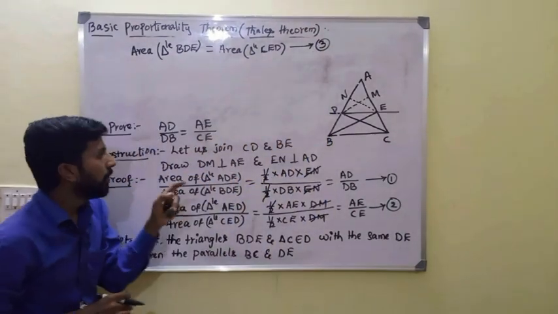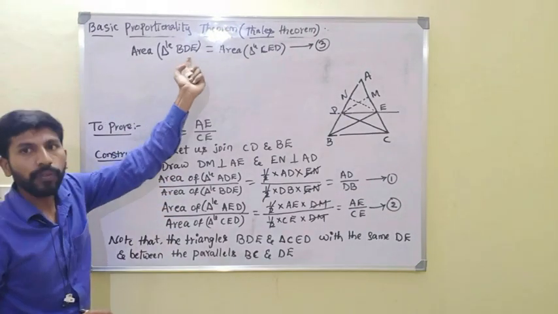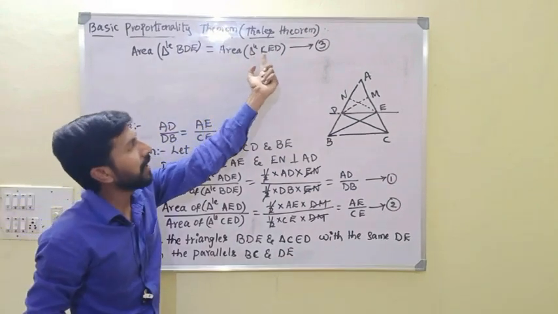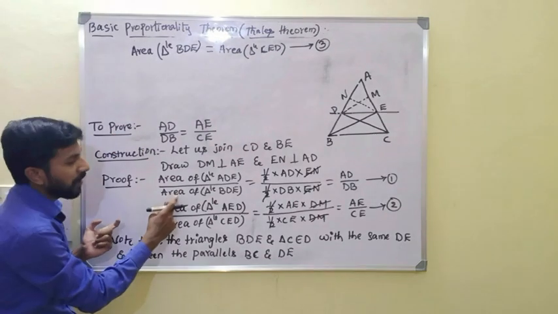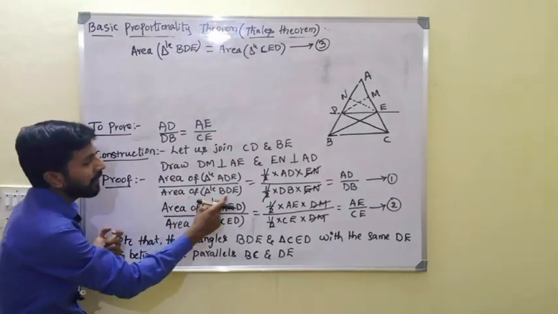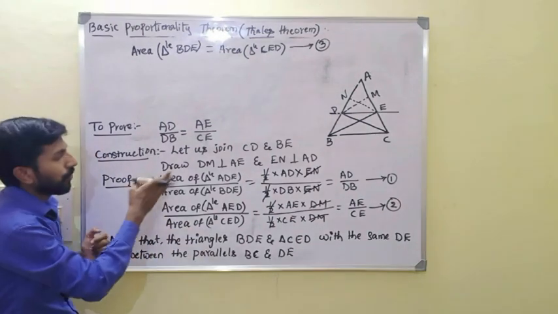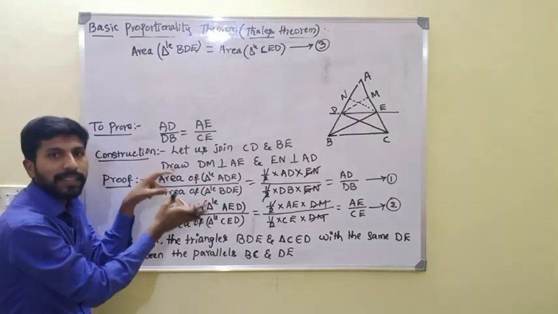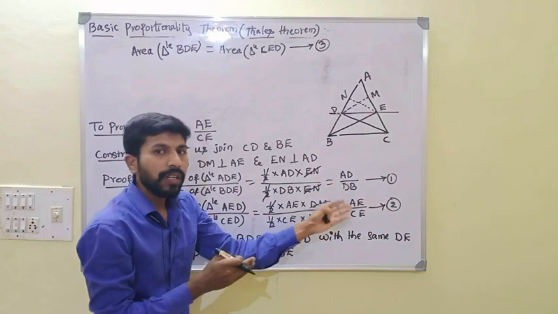Now observe here, in equations 1 and 2, in place of the area of triangle BDE, if I take the area of triangle CED, if you replace it, here we get the area of triangle CED and here also we get the area of triangle CED. So I can say the LHS are equal. If the LHS are equal, obviously the RHS are also equal.